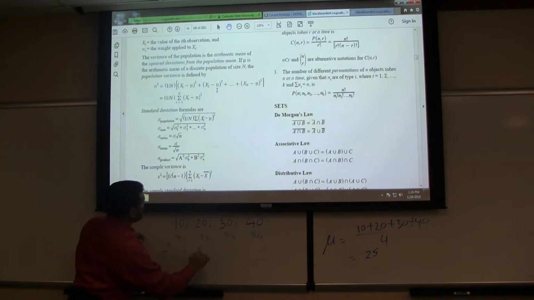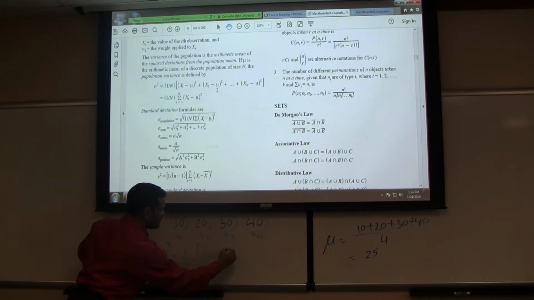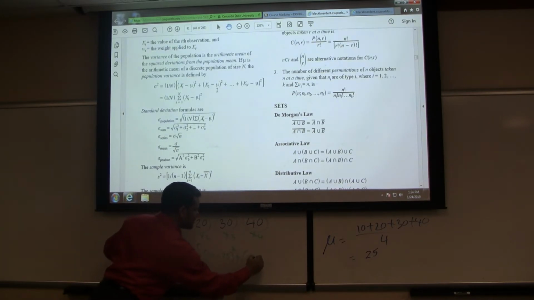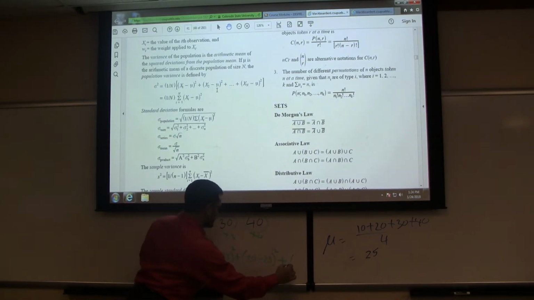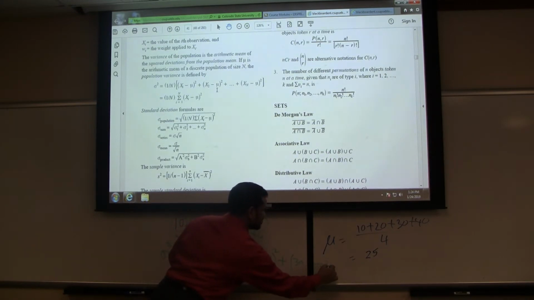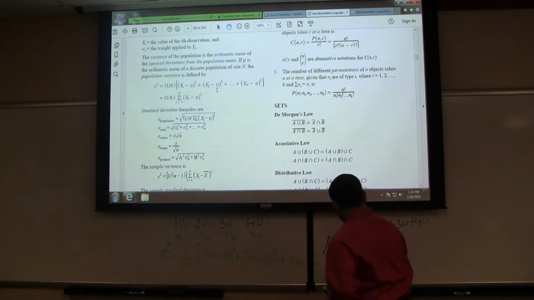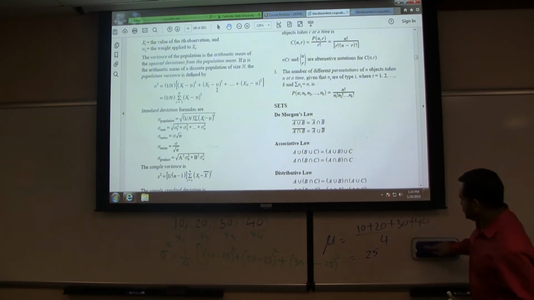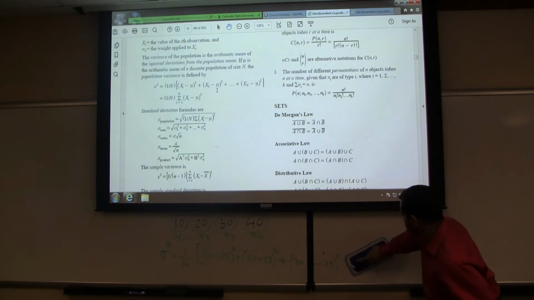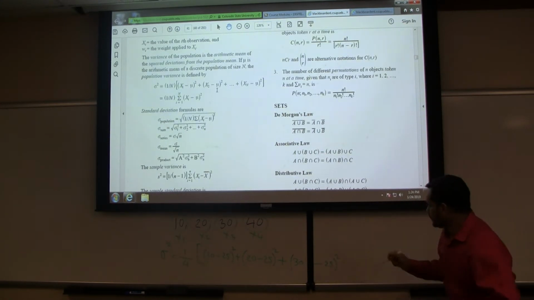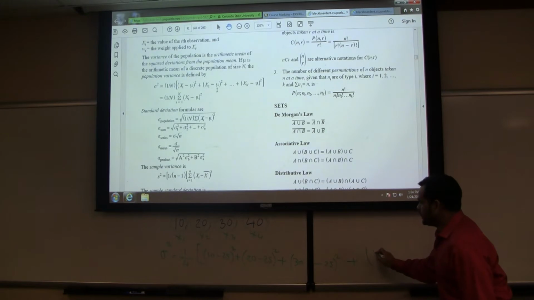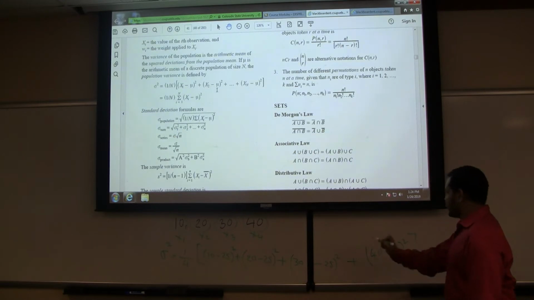The first part, they used an angle bracket. So 10 minus 25 squared, plus 20 minus 25 squared, plus 30 minus 25 squared, plus 40 minus 25 squared, closed.